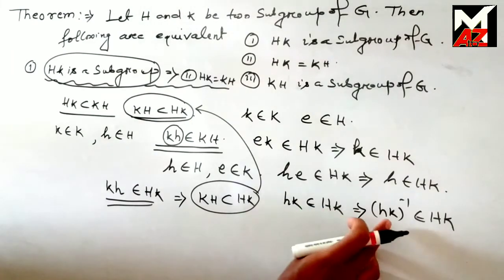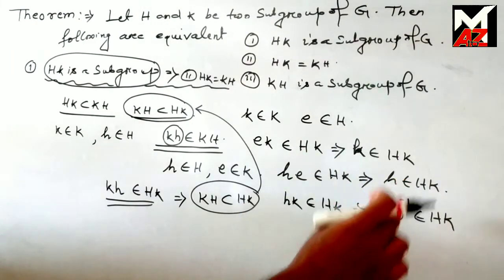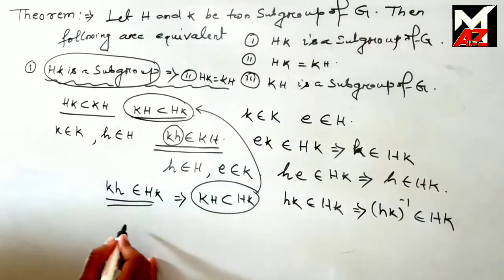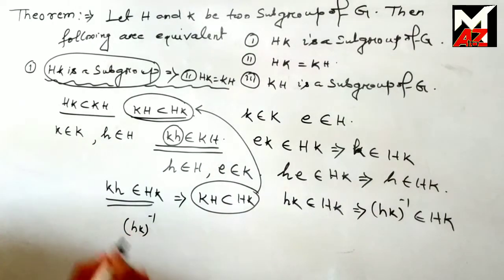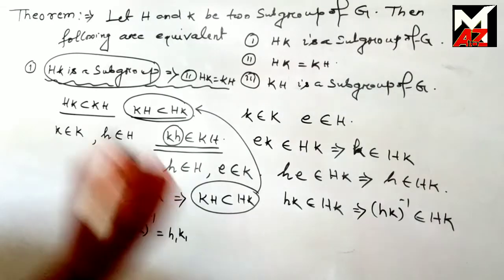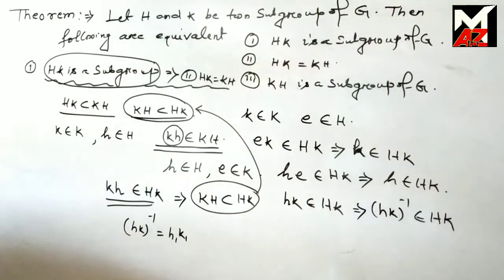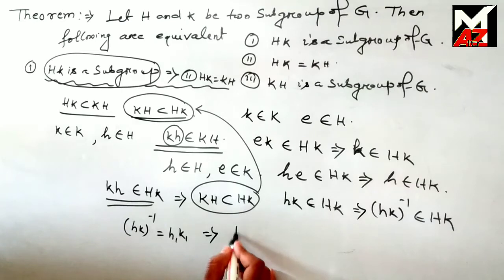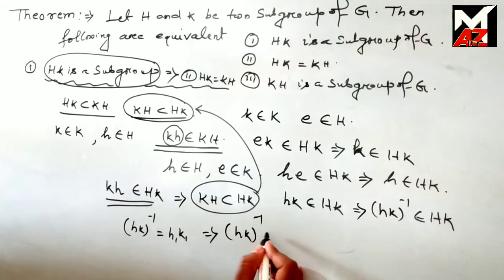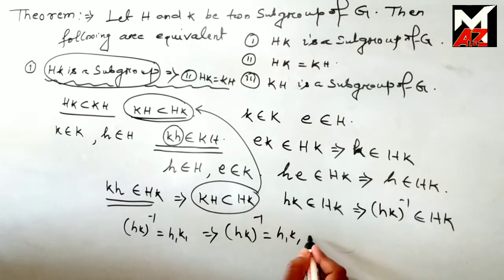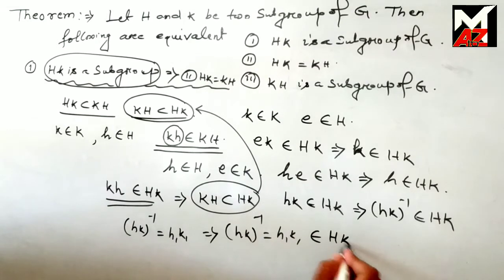And since (hk) inverse belongs to HK, we can write (hk) inverse in the form of h1 k1. Now (hk) inverse is equal to h1 k1 belongs to HK.